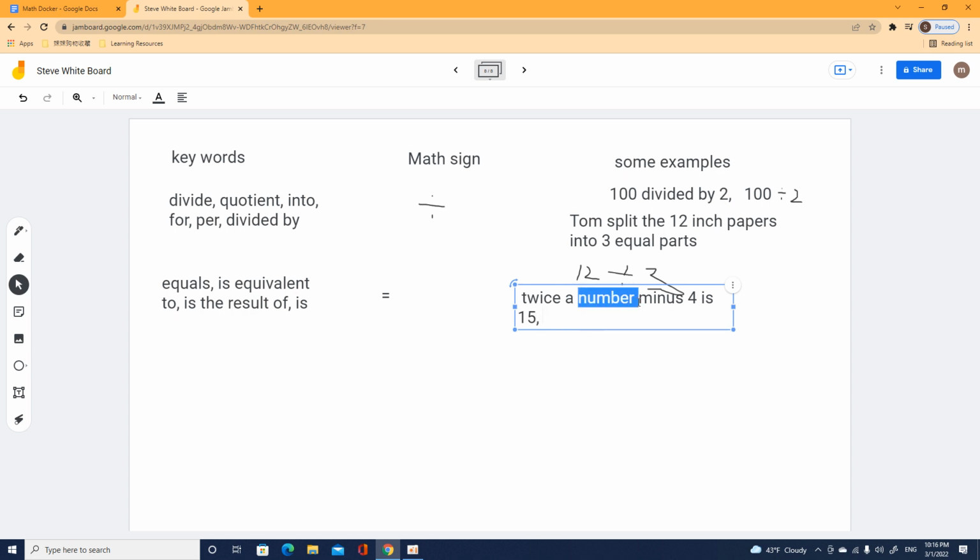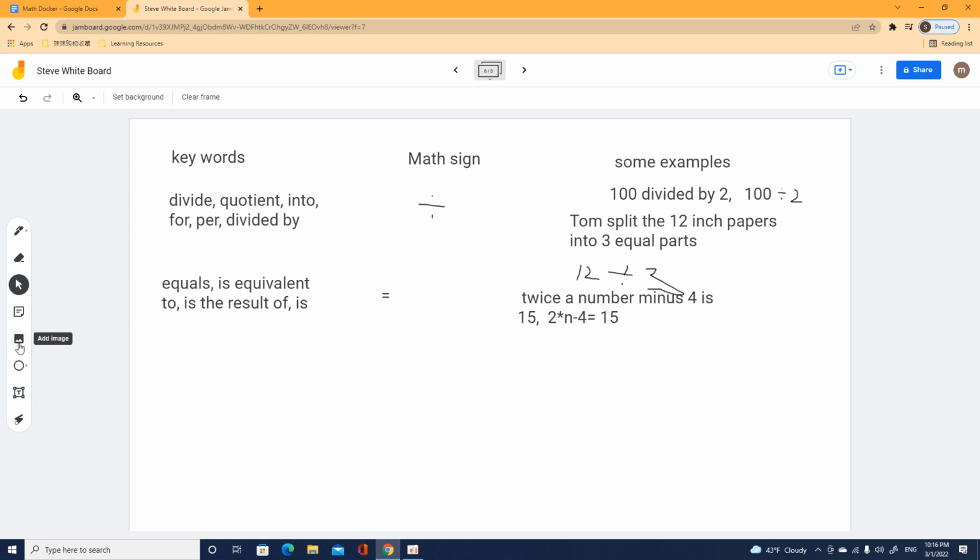The number we use n to express. So we first do the 2 multiply n, then minus 4, then equals 50. Here you see there is the equal sign. So that is about the equal sign.